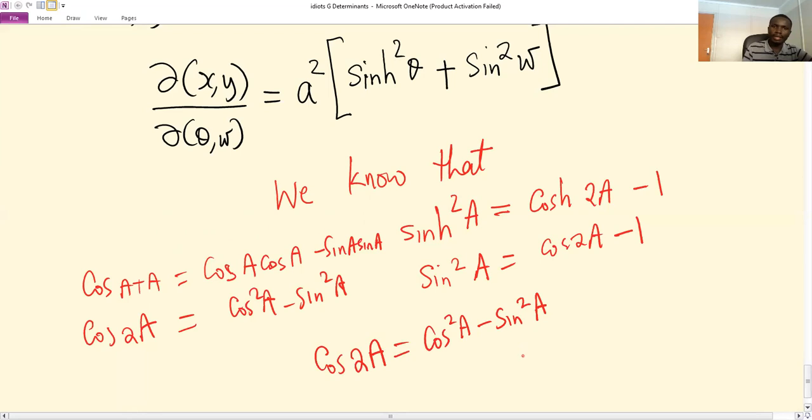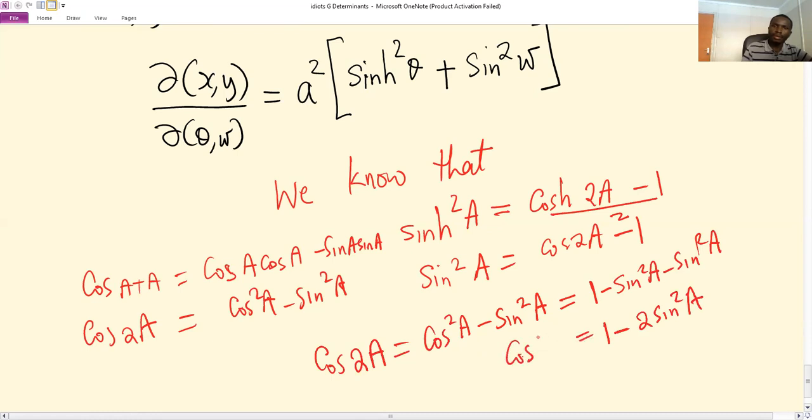So remember this over 2. We can write this one as 1 minus sine squared A minus sine squared A, which will be the same as 1 minus 2 sine squared A equals cos 2A.